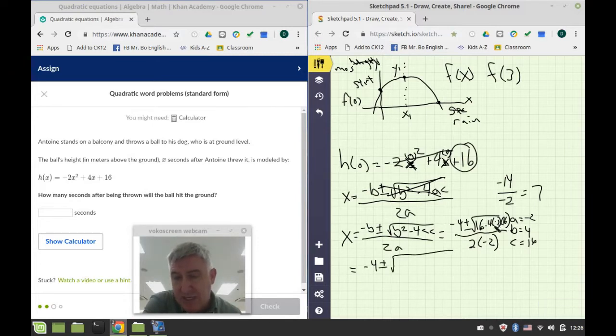So that gives me negative 4 plus or minus square root of, let's see, 16 times 6. These negatives cancel. So 16 times 6 is 96, plus 16 is 112. Is that right?